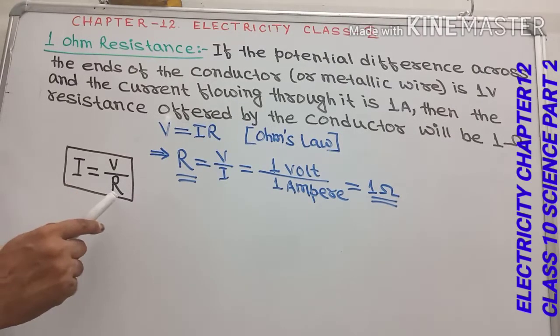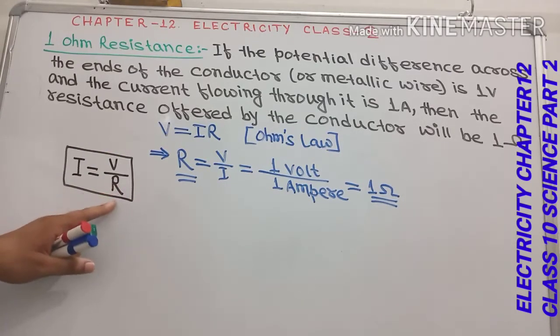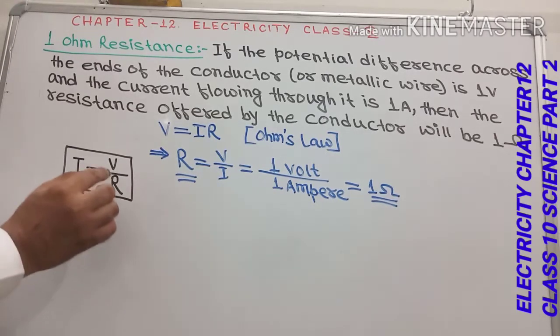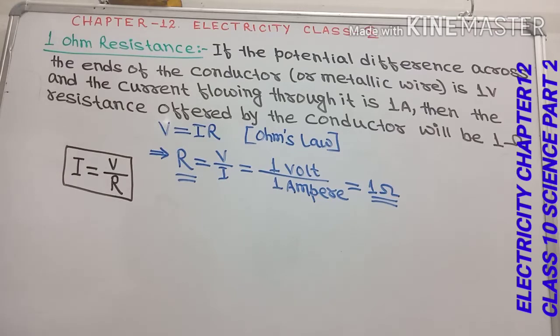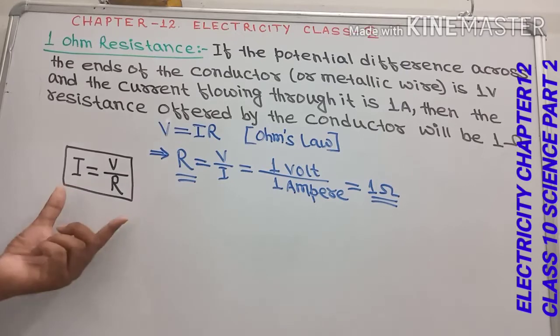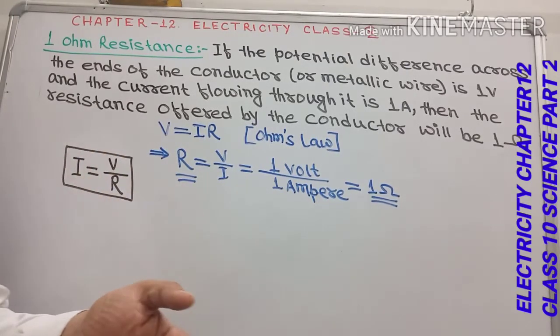That means if the resistance is increased, then less current will flow in the conductor, or if the value of resistance is lesser, then more current will flow in the conductor. Suppose the value of the resistance is doubled, then the current flowing in the conductor will become half.